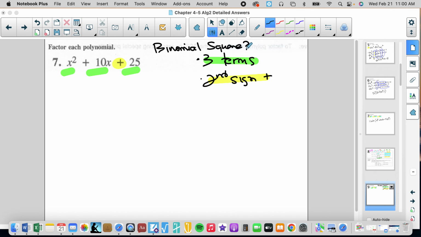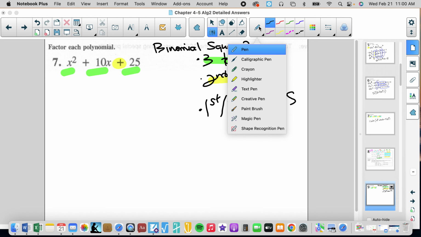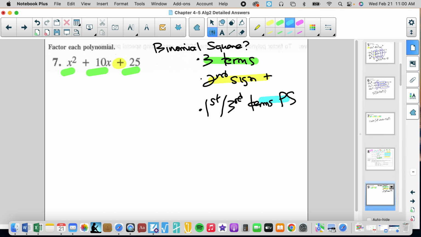The next thing we should look at is, are the first and third terms perfect squares? Is this and this a perfect square? Yes. X squared is a perfect square. 25 is a perfect square. And now, here's the hardest part.